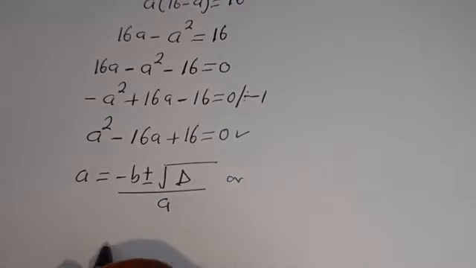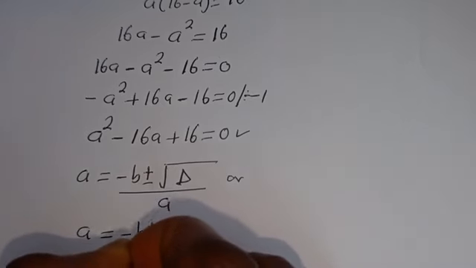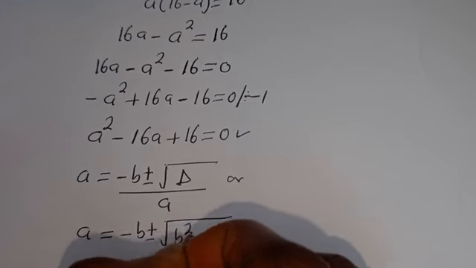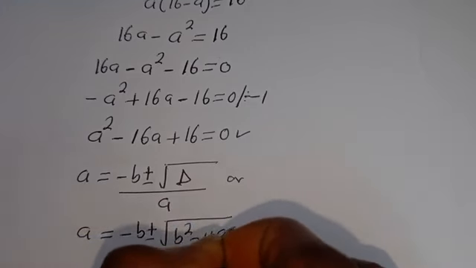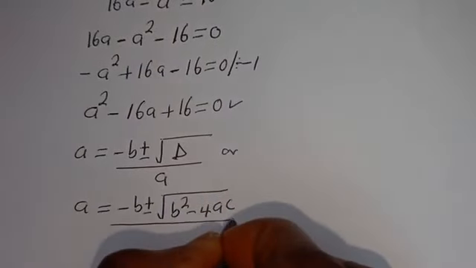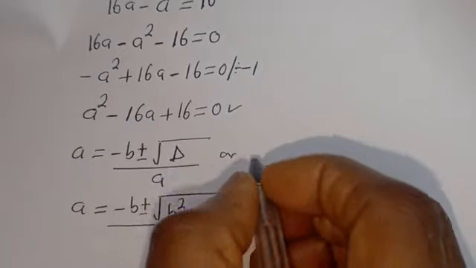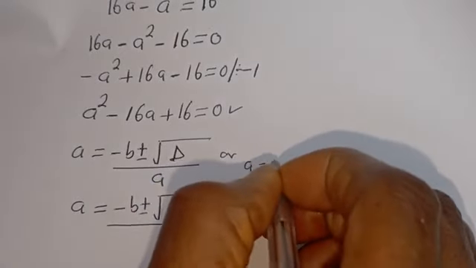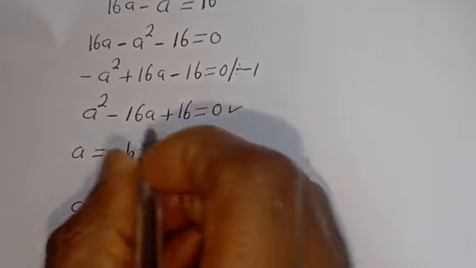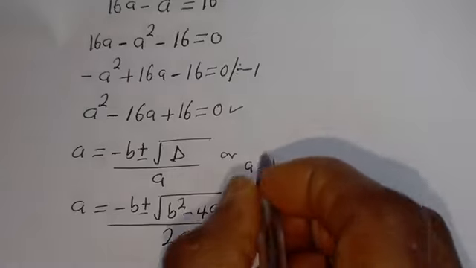We have the quadratic general formula as x is equal to minus B plus or minus square root of B squared minus 4AC over 2A. Now from this equation, A is equal to 1, B is equal to minus 16, and C is equal to 16.